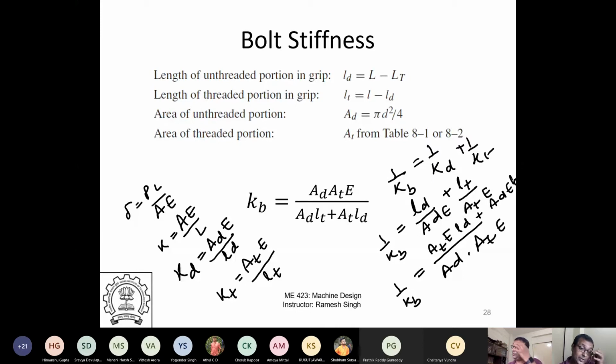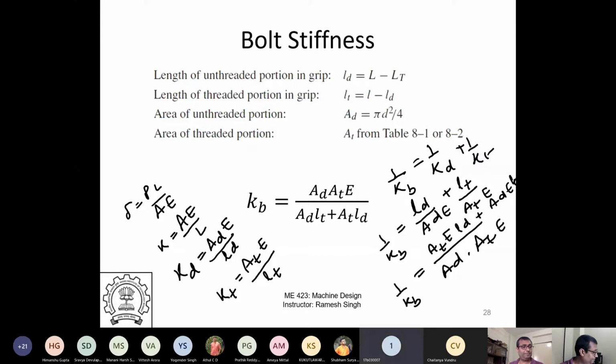So now if you go ahead and do this, you will get LD by AD E plus LT by AT E.